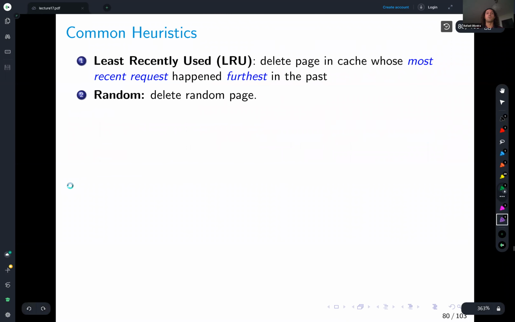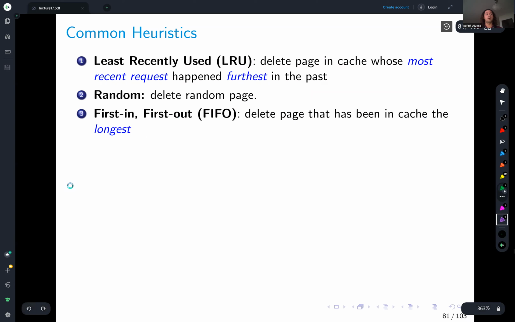The other one is random: if I have to delete something, let's just delete a random page. And the third one is first in, first out. We delete the page that has been in cache the longest. No matter if I used it more recently, if it was there the longest, I'll delete that page. Does that make sense?